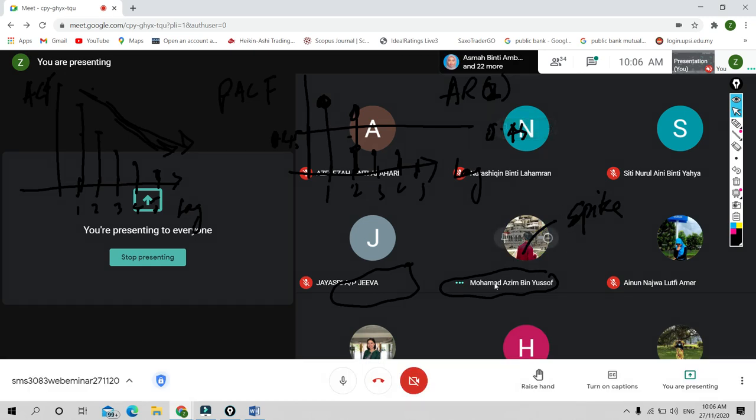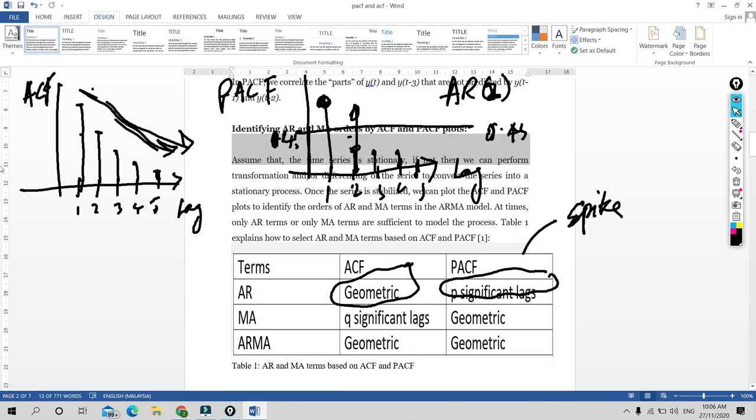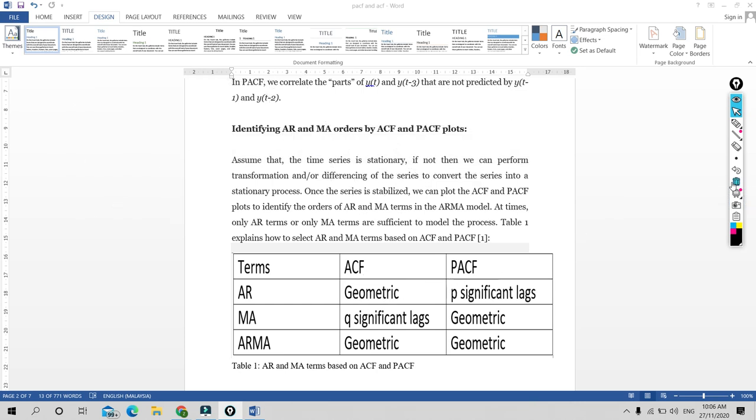And my ACF has a spike, let's say one spike here, and the rest is like this. This is 0.45, for example. With only one spike in the ACF and a decaying PACF, this is known as an MA1 model.